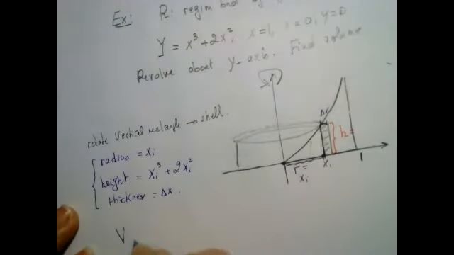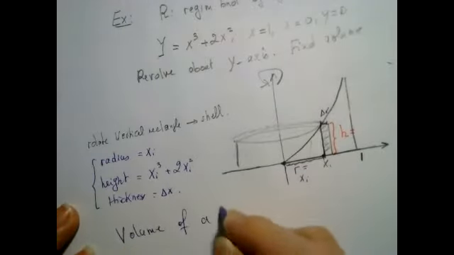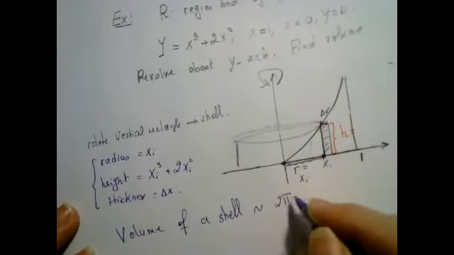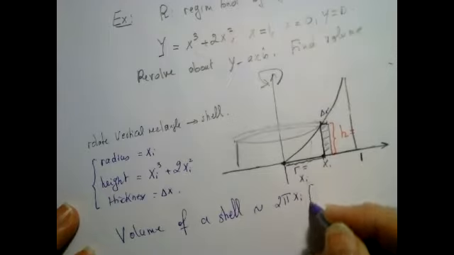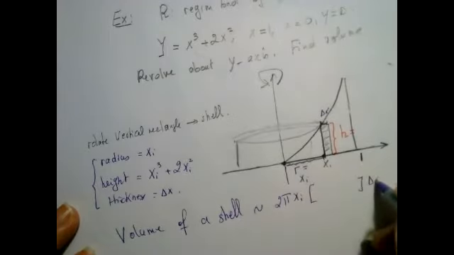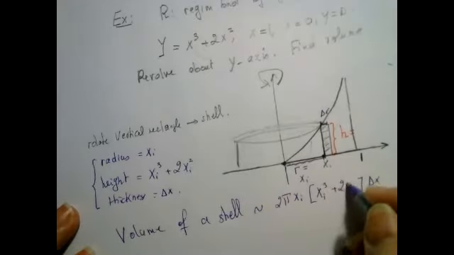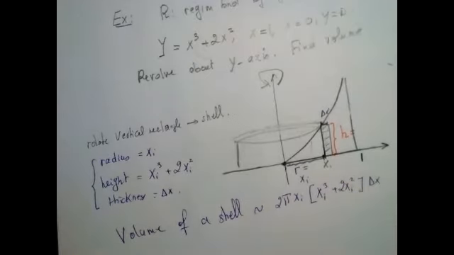So the volume of a typical cylinder or shell is almost equal to 2 pi times radius, height, thickness. So we're adding little volumes. That's really the heart of what we are doing.